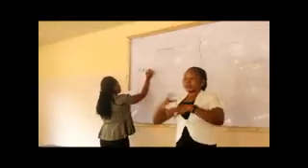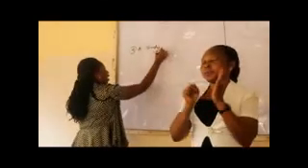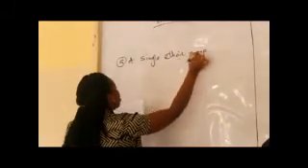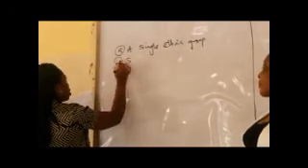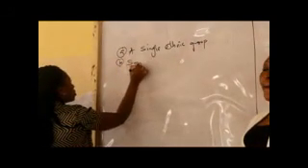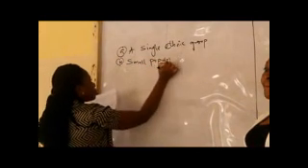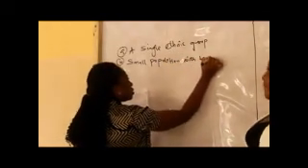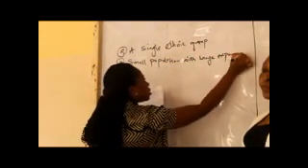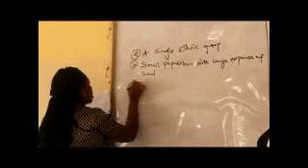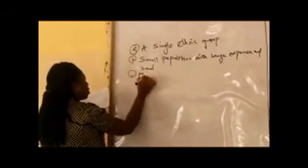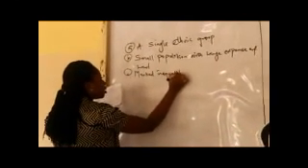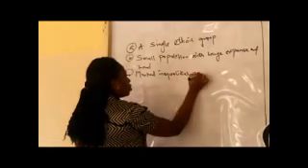A, single ethnic group, B, small population with large expanse of land, then C, marked inequalities among the component units.